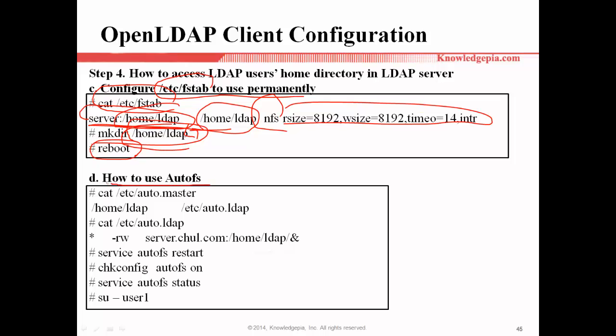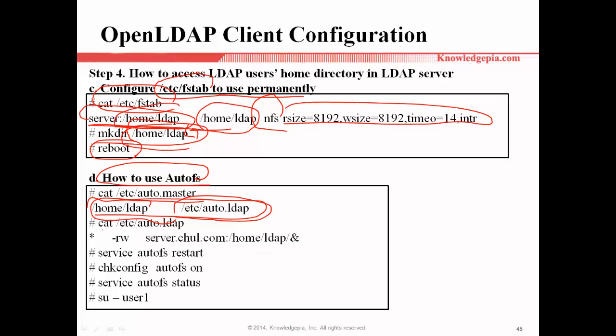D, how to use AutoFS. If we open /etc/auto.master, we need to add this line for /home/ldap, and this refers to /etc/auto.ldap.